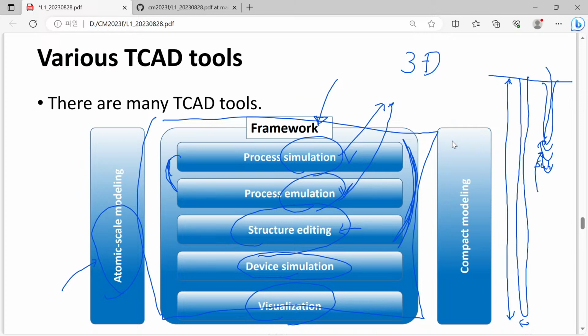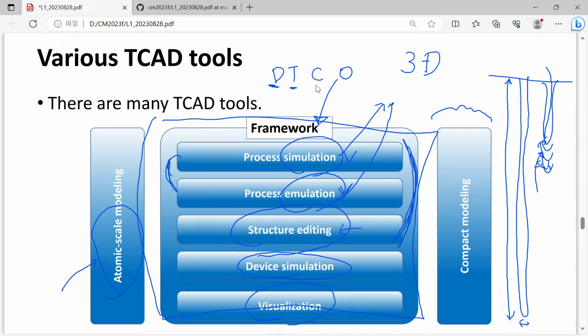And another part is compact modeling. Compact modeling is not actually within the traditional TCAD tools, but nowadays TCAD is expanding its scope, and it becomes a more generalized term called DTCO. D means design, T is technology, and CO means co-optimization.